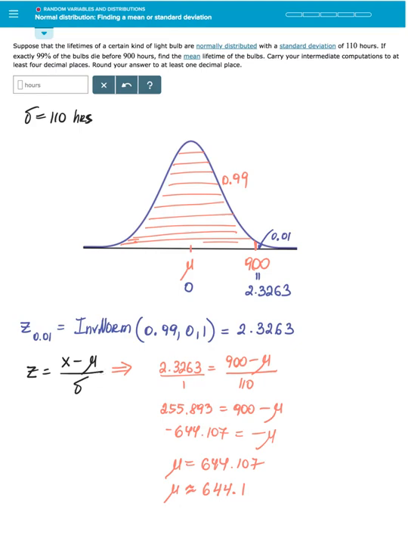How do I achieve my goal of computing a z-score corresponding to this given x of 900? Well, I can use the inverse norm because I know that whatever this z-score is that corresponds to 900 hours, it must have 99% of data to the left of it.